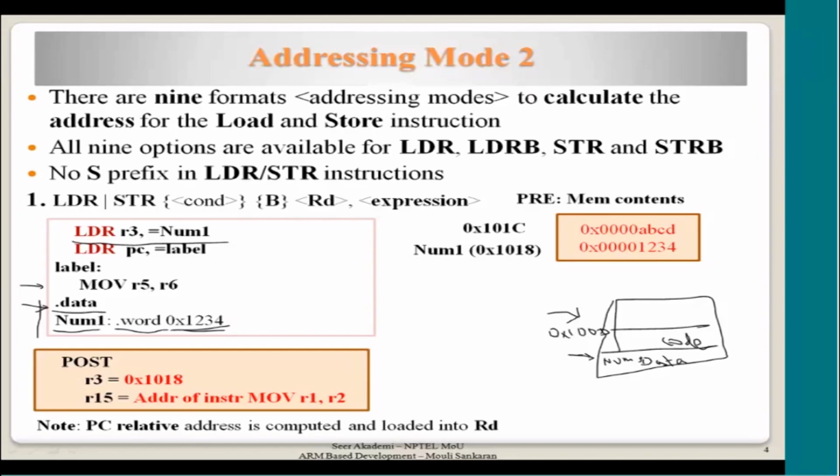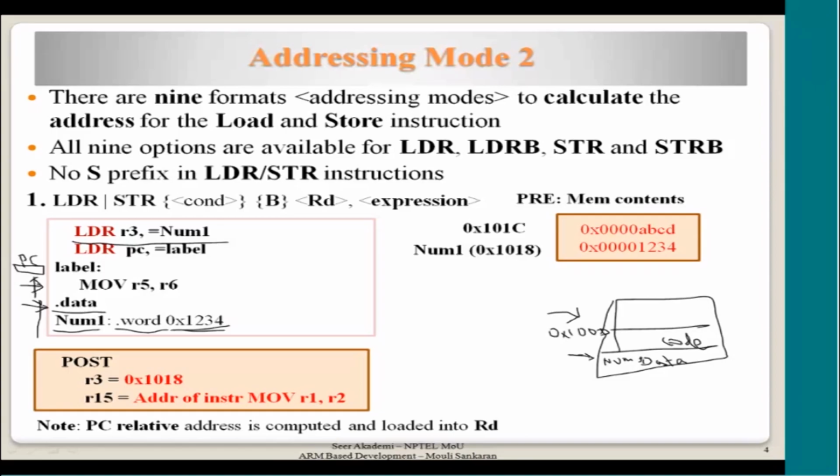The advantage is that the PC is already a 32-bit value available inside the processor. The PC is R15. So if you add some offset to the PC, either subtract it or add it, then you can relatively locate where the data is with respect to the PC address.